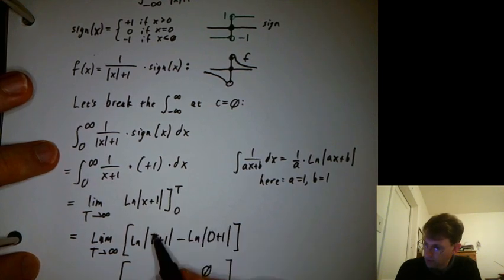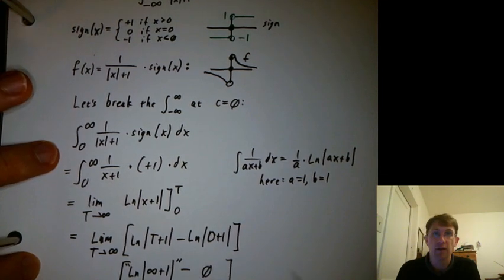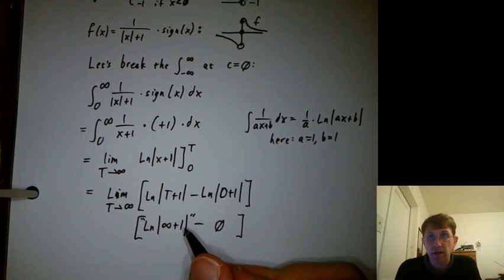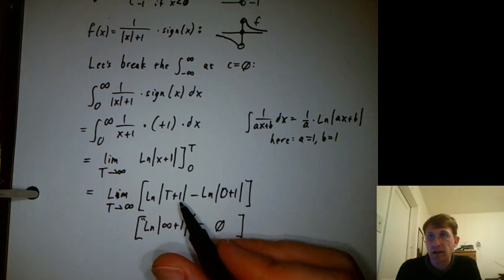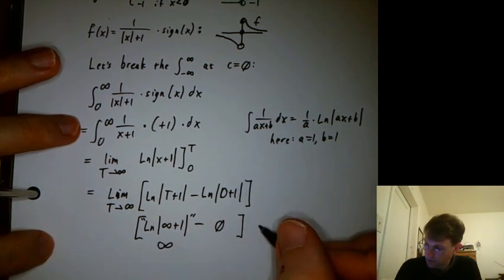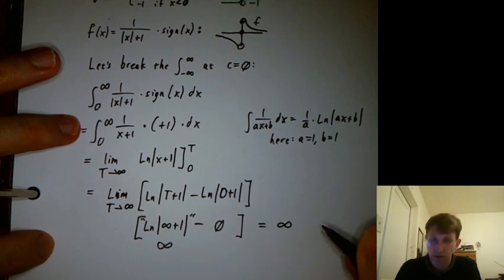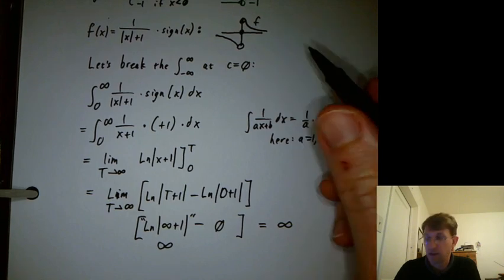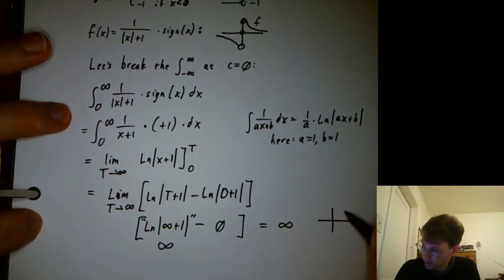And if you kind of plug in infinity, you get log infinity plus 1. We'll put quote marks around that because we're not really supposed to write things like that. But what is the limit of log x as x goes to infinity? That's infinity. So altogether, this is infinity. So the area under that right half of the curve is infinity. So let's write that.